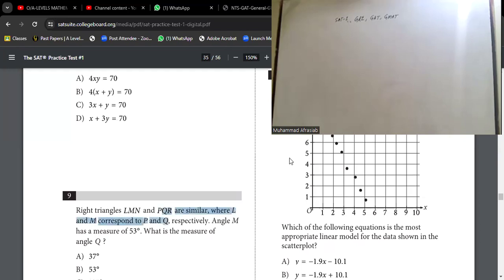Now question number 11. Which of the following equations is the most appropriate linear model for the data shown in the scatter plot? It is a plot shown there between x and y, and the lines are drawn.